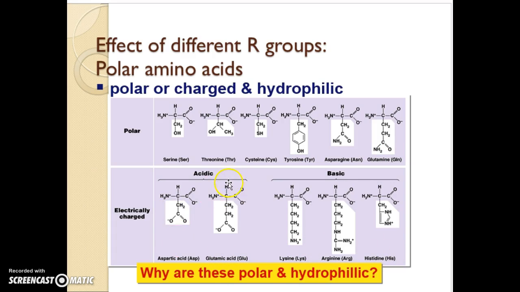The oxygen present will make them, particularly in these groups, acidic, and the nitrogens will make them basic because the nitrogens can accept hydrogen protons, and the acidic groups can donate them. So again, just be familiar with what these different polar and electrically charged groups have in common.